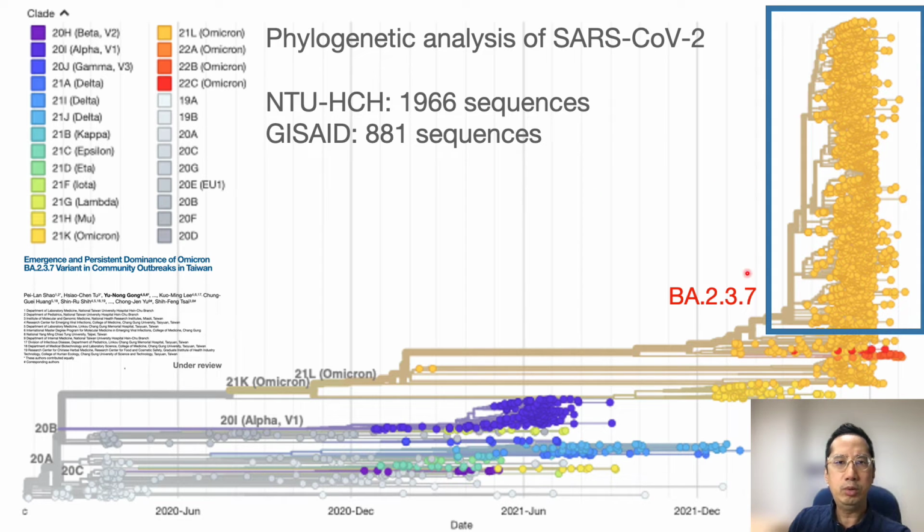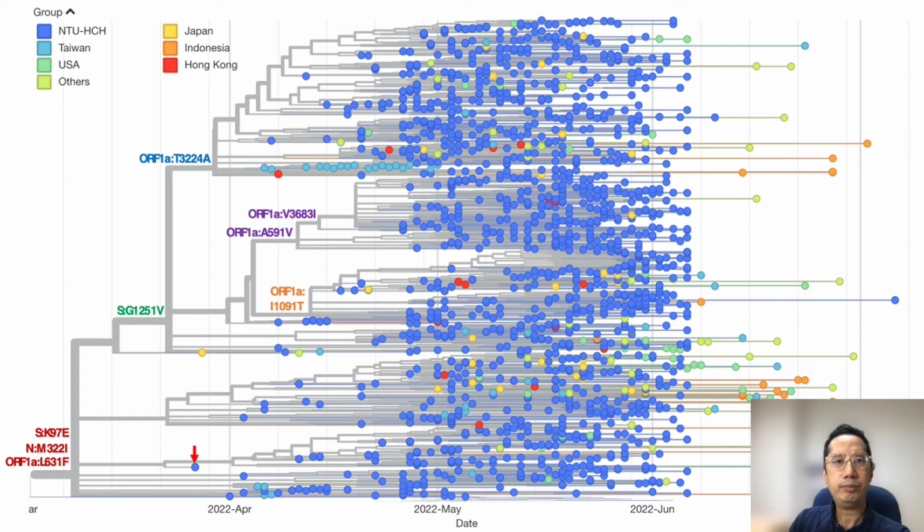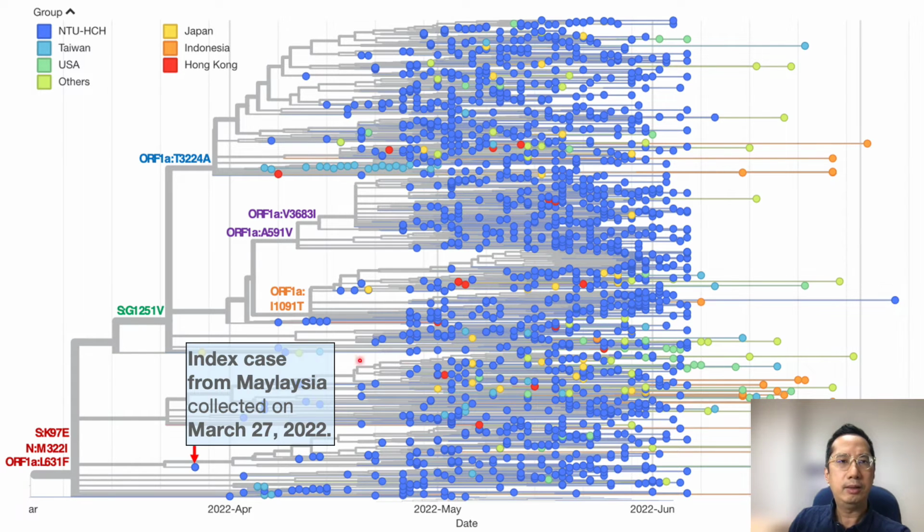And they zoomed in to take a closer look at BA.2.3.7 to understand the events in the cluster. So they identified the index case from Malaysia, which was collected in March 2022.